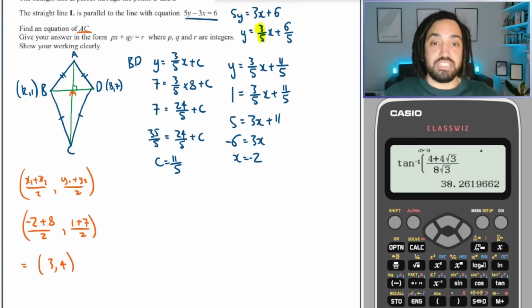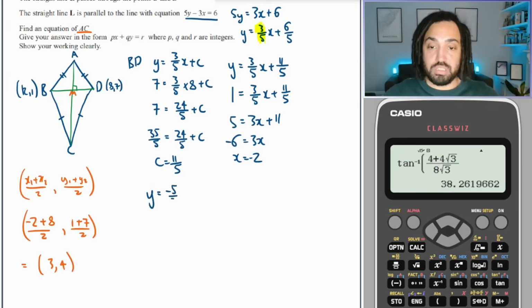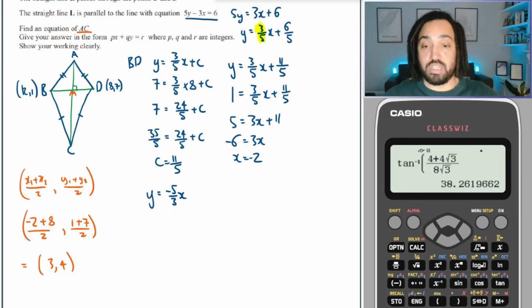We know AC has a perpendicular gradient to the line BD because the kite diagonals meet at right angles. So the perpendicular gradient is the negative reciprocal. So I flip over the gradient and I change it from positive to negative, or negative to positive if that were the case. So that's the equation of AC.